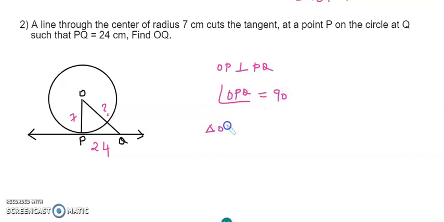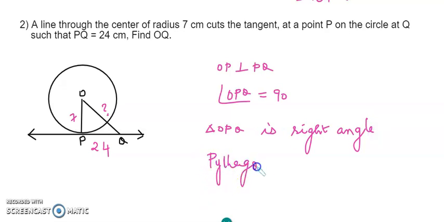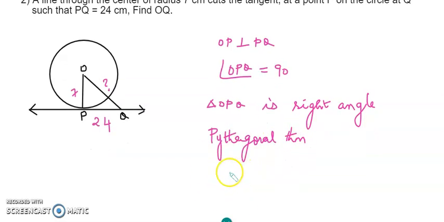So triangle OPQ is a right angle triangle. And I leave the remaining part of applying Pythagoras for you to solve. That will be OP square plus PQ square equals OQ square.